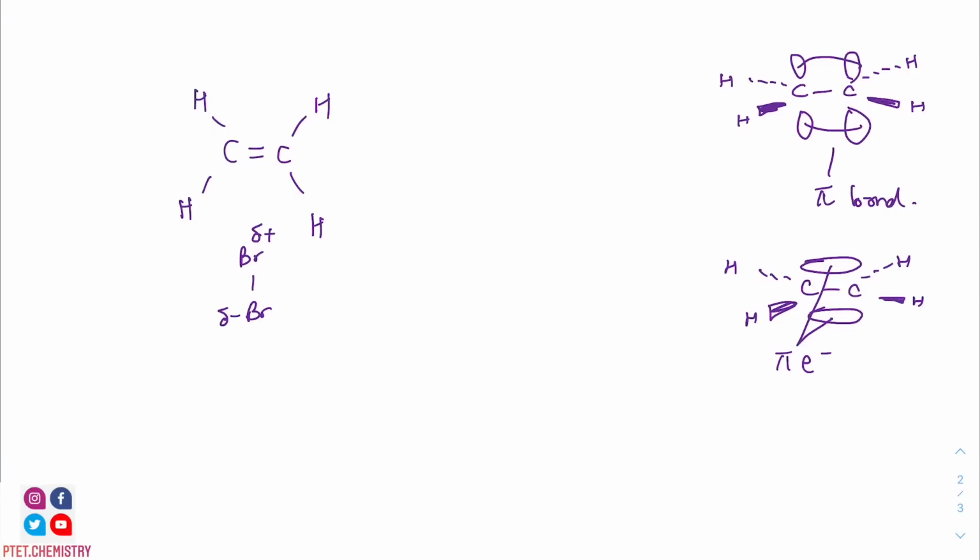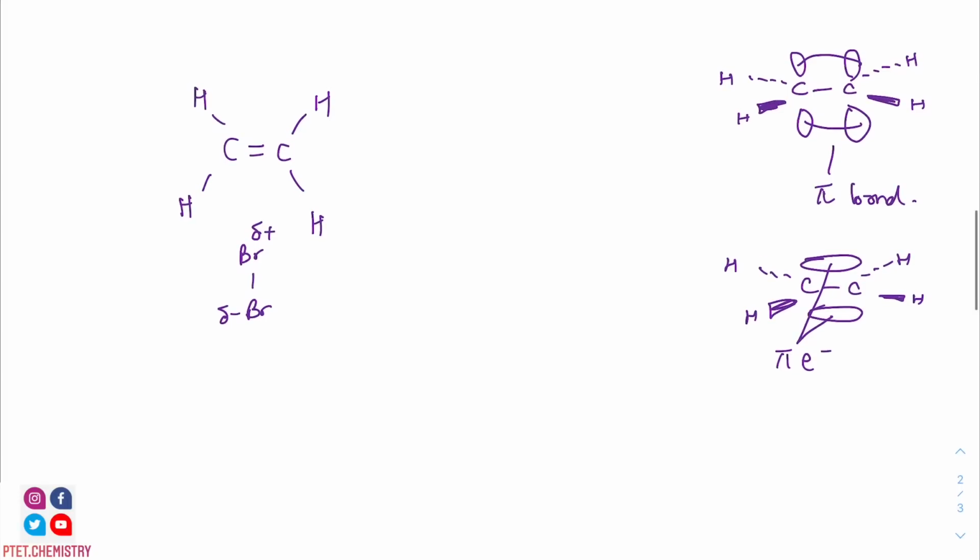In organic reactions, we always have this general saying, and I say general because it is general, that the rich in electrons attacks the poor in electrons. That is the mantra. That means your arrow, which shows direction, must go from rich in electrons to poor in electrons.